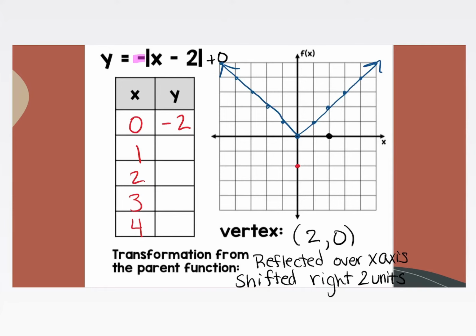If we plug in 1, 1 minus 2 is negative 1, the absolute value is positive 1, times the negative is negative 1. 2 minus 2 is 0, times an absolute value gives us 0, which is our vertex. 3 minus 2 is 1, the absolute value of 1 is 1, times the negative, it's negative 1. And 4 minus 2 is 2, the absolute value of 2 is 2, times the negative is negative 2.